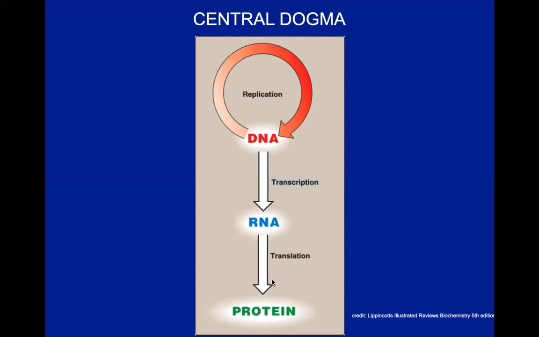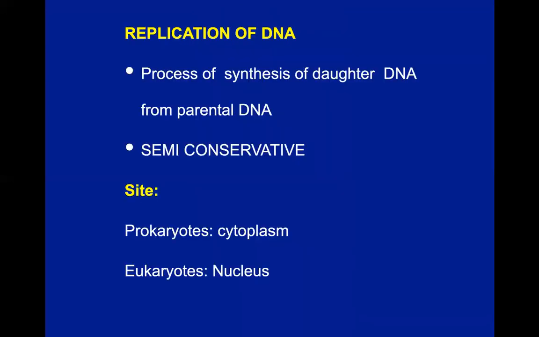That process is called translation. So DNA contains the genes, those genes are transcribed, the messages from the gene are contained in the RNA, and from the messages in the RNA, proteins are synthesized. This is the central dogma of life.